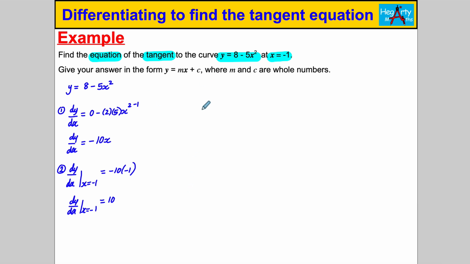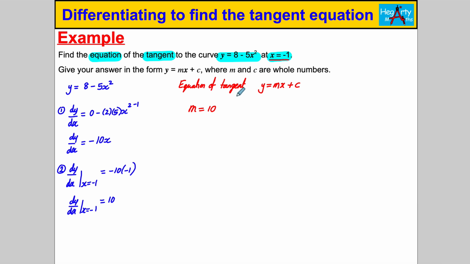So we can say that the equation of the tangent has the form y is equal to mx plus c, where m is the gradient, c is the y-intercept. So we already know m, so we can state that m is equal to 10. Now, do we know a pair of coordinates that lie on this line? Well, we do.